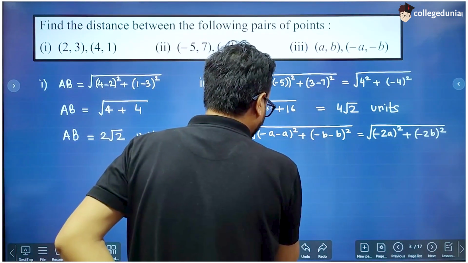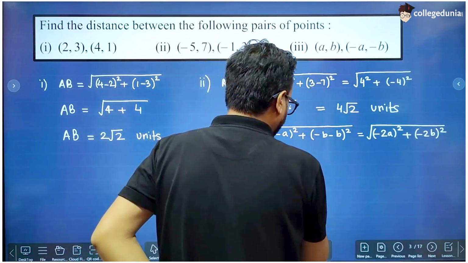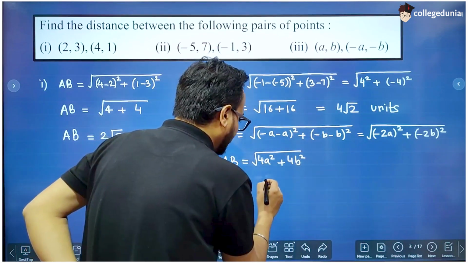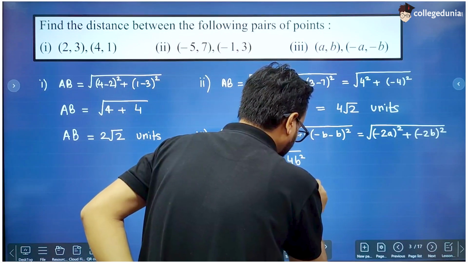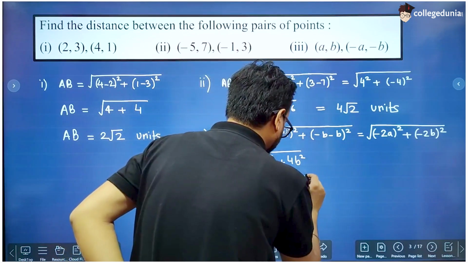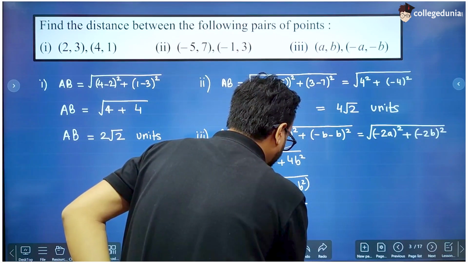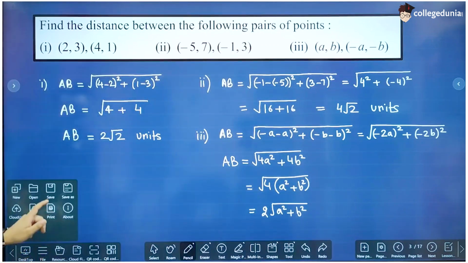Minus 2a square is 4a square plus 4b square. 4 is common. Root of 4 is 2. So this is 2 under root a square plus b square. Right?